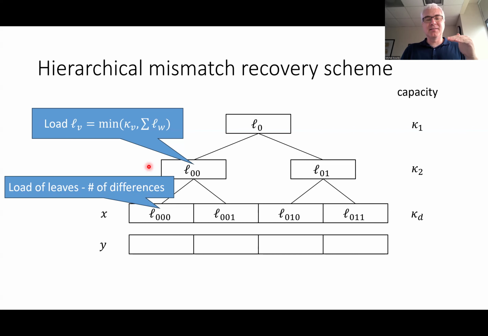So we sum the differences below in the tree, and we take a minimum with the capacity. The load of this node is this minimum, so it's never more than the capacity. And if it's below capacity, then it's the true load.